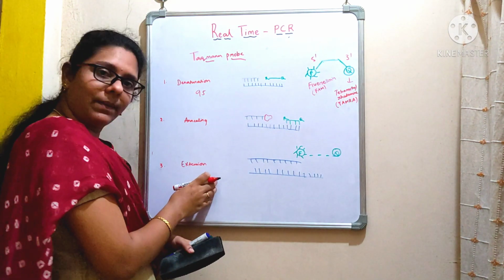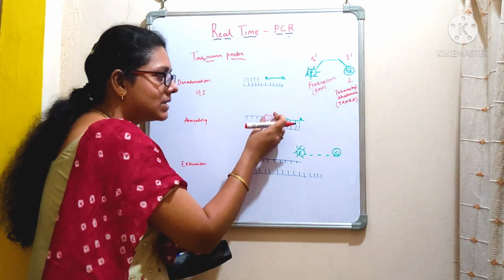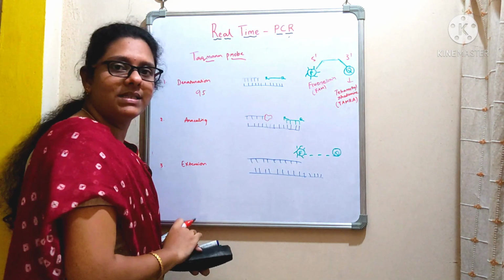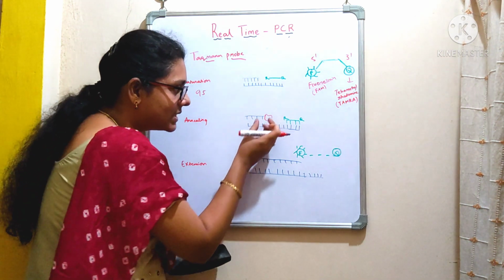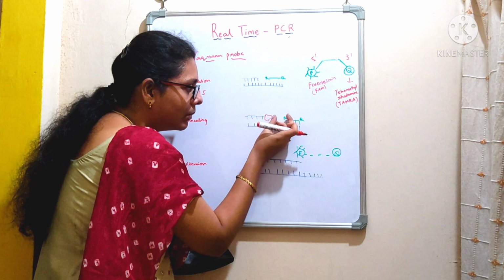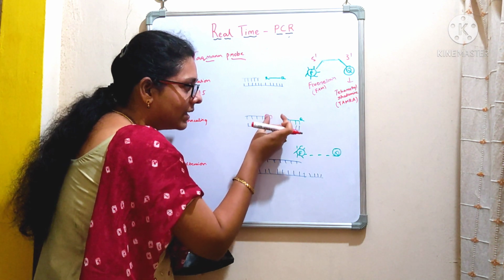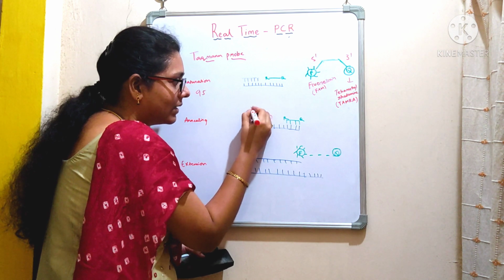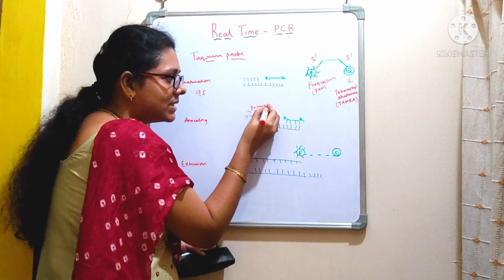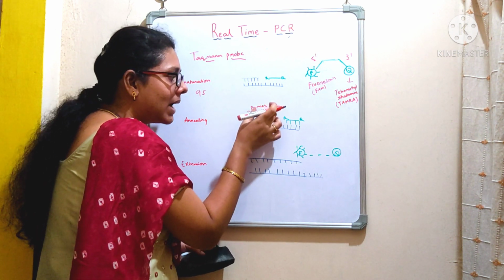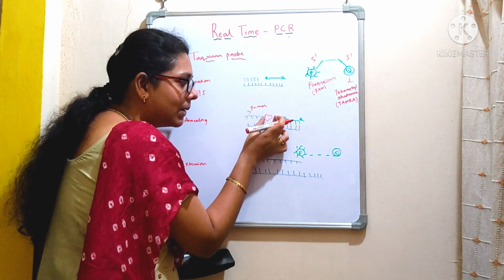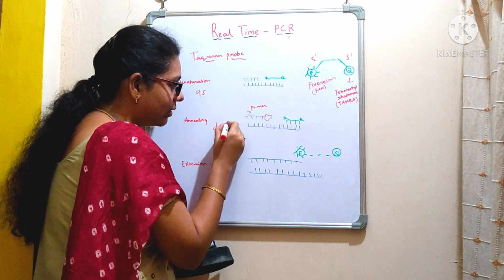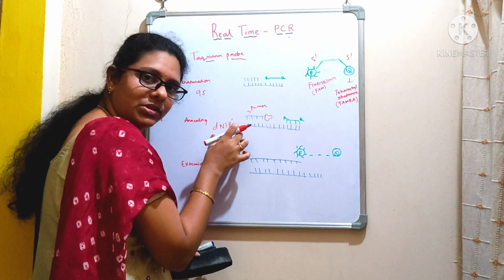In the next step, the extension, what will this DNA polymerase do? It is going to synthesize the DNA, right? This DNA polymerase will keep on moving, synthesizing the DNA by adding the nucleotides. See here, this is the primer, don't get confused. After the binding of the primer, DNA polymerase will come into action, where you are also going to provide dNTPs in the reaction mixture.